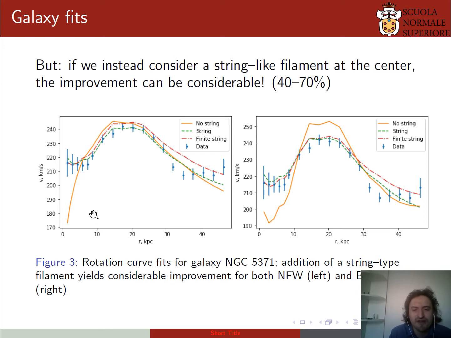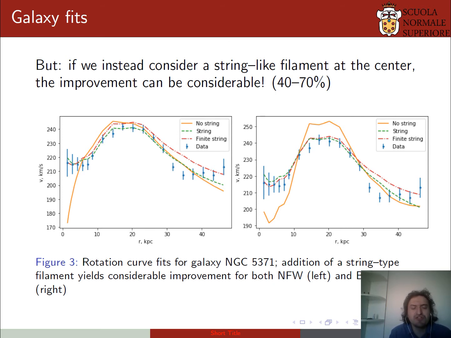Here you can see, for example, for NGC 5371, one can notice, especially for small radii, these non-zero velocity values are not expected to be reproducible by dark matter profiles. At least it's difficult, because the dark matter contributions tend to decay at small radii.